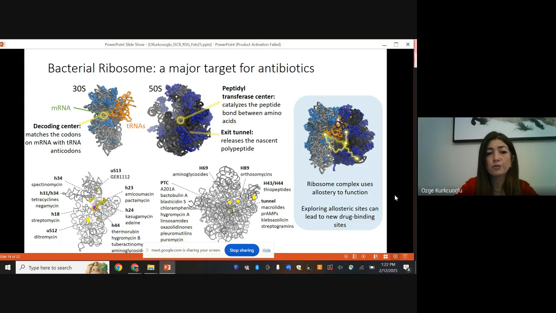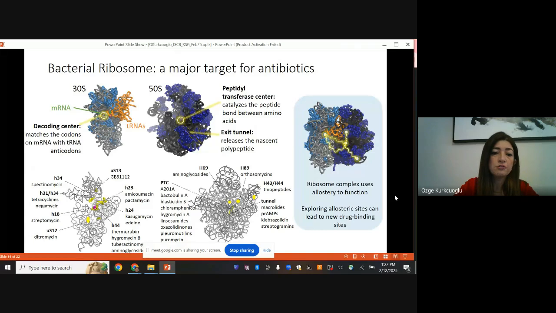It is composed of 2 subunits, a small subunit and a large subunit. And the small subunit is called 30S and the large one 50S in bacteria. And the small subunit accommodates the decoding center formed of 3 nucleotides, approving the cognate codon-anticodon pairing. And many antibiotics bind near the decoding site.